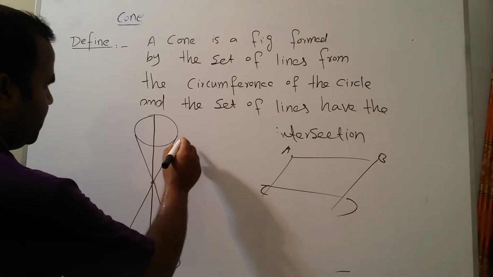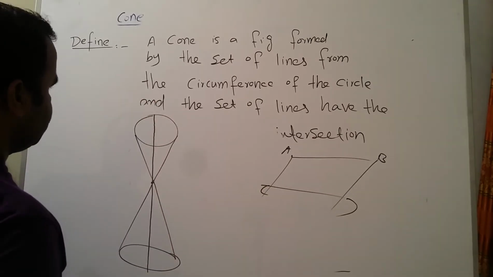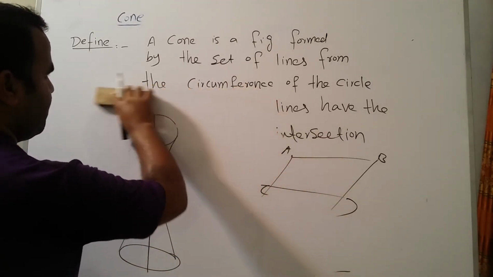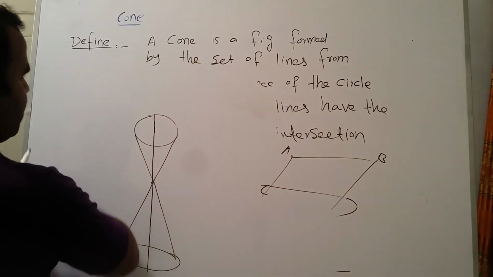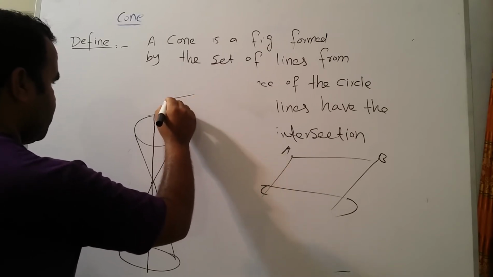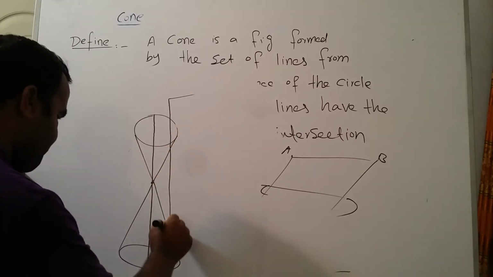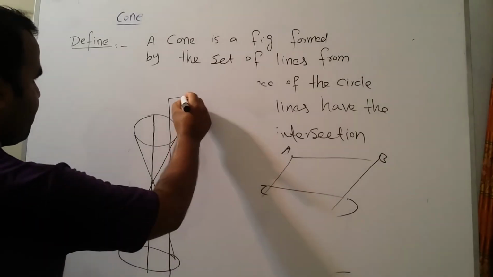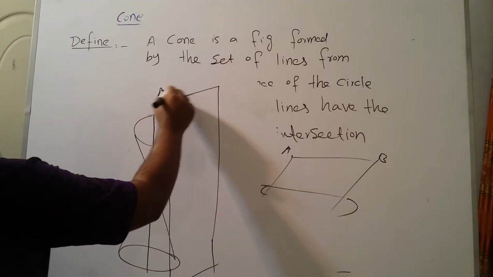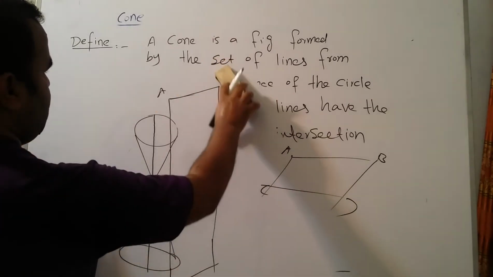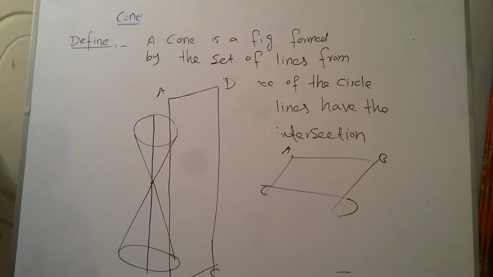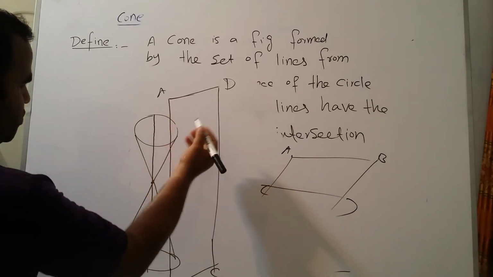Suppose the plane is cutting just like this, A, B, C and D. Double nap, two points are cutting.